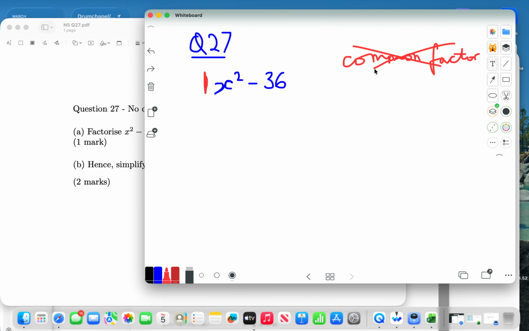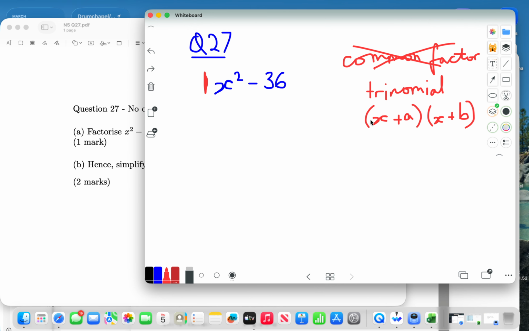Cross it out. The second one, you check, is it a trinomial? Because then you can factorise a trinomial in the form x plus a, x plus b. If it's a trinomial with the coefficient of x squared being 1, then you can write it like this.